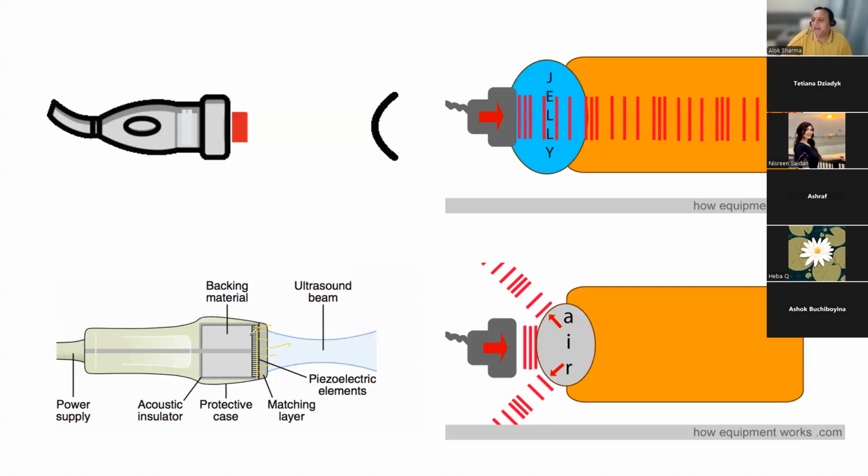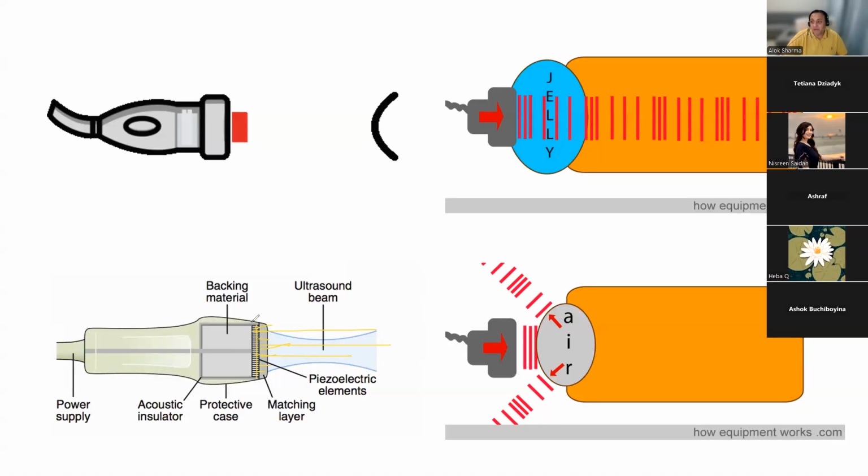But what's important is that the piezoelectric crystals and their vibrations to generate sound waves need to be directed in one direction. So what you've got is an acoustic insulator at the back, this entire backing material. It insulates and prevents the sound waves from going backwards so that they move only in one direction. We have also got a matching layer, which is present just in front of the piezoelectric element.